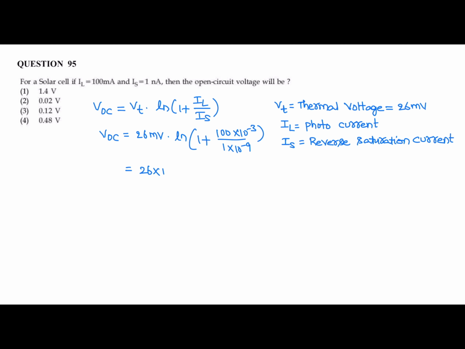So 26 into 10 power minus 3 ln of 1 plus 10 power 8. So its value is 0.479 volts, approximately 0.48 volt. Correct option is 4.